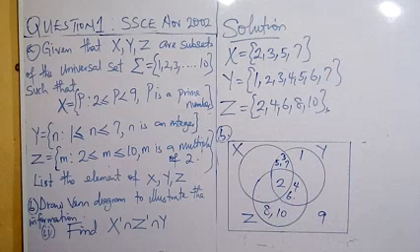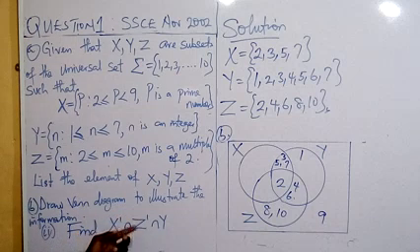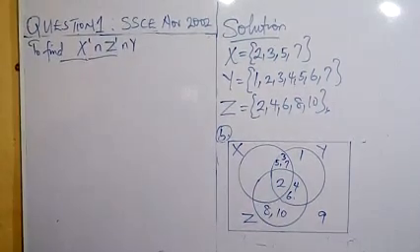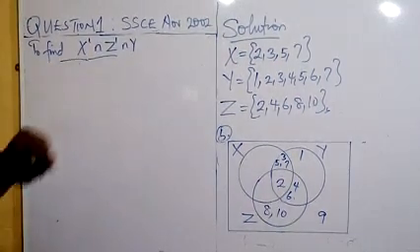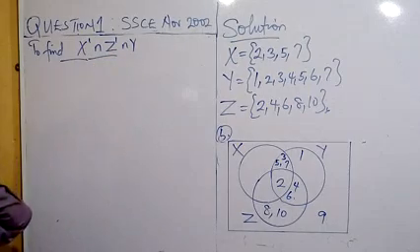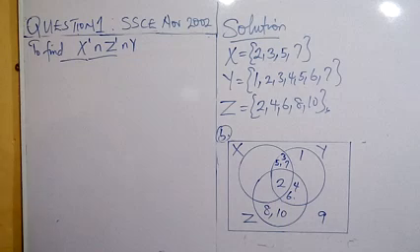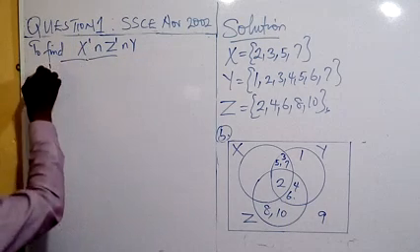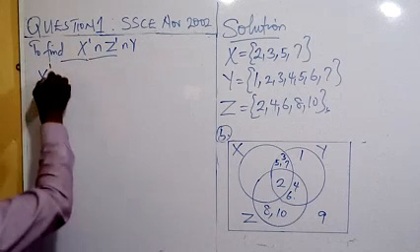And the next question says that we should find X prime intersection Z prime intersection Y. Okay, we want to find X prime intersection Z prime intersection Y. Now, let's first of all find X prime, that is the same thing as X complement.